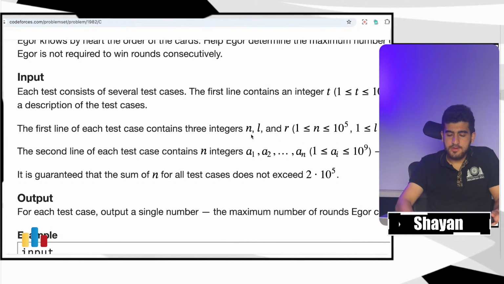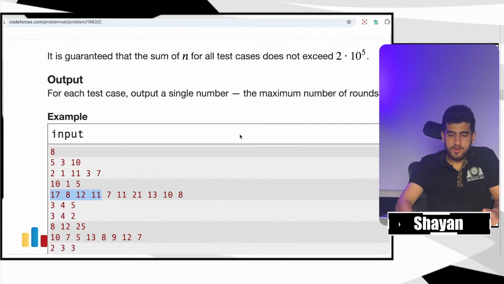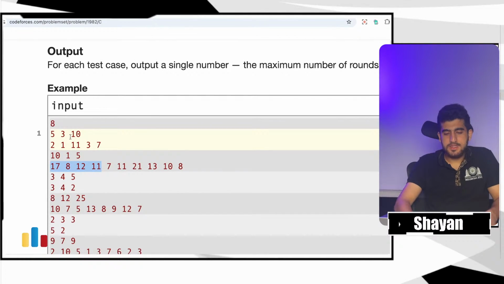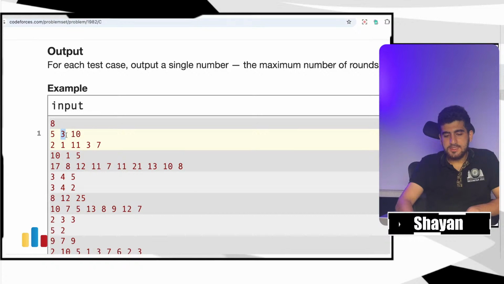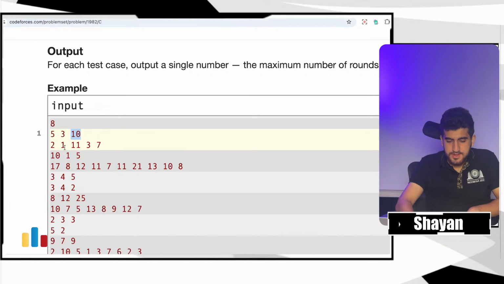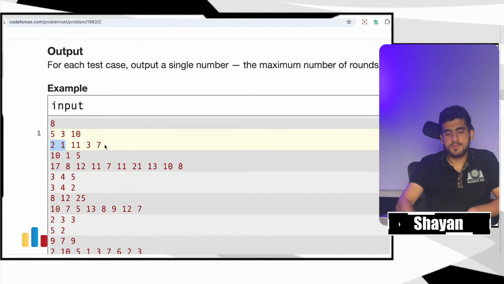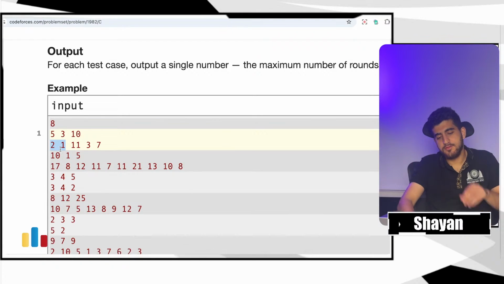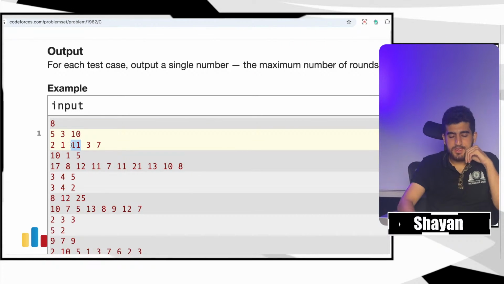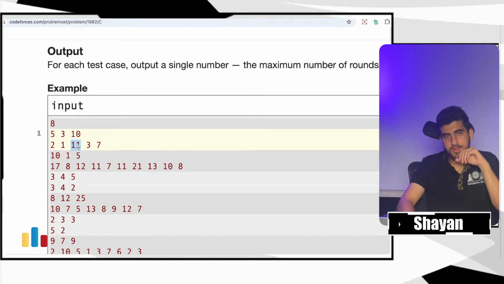In the input, you are given N, L, R, and a_1 to a_N. For example, in this case, L is 3, R is 10. In his first round, he can pick these two cards. Their sum is 3, so he will win the first round. Then he can pick the next card.